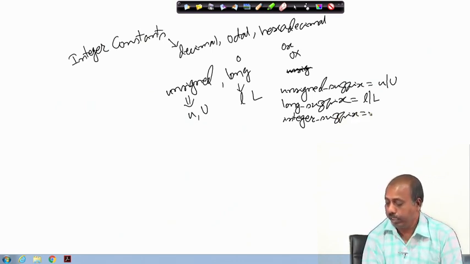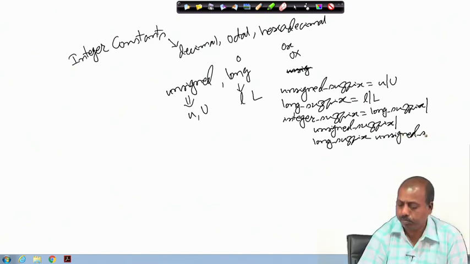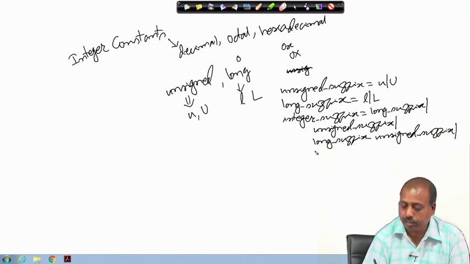It may be that it is a long suffix, that is the number is ending with the symbol small l or capital L, long suffix, or unsigned suffix, or it may be long suffix followed by unsigned suffix, or it may be the other way, that is unsigned suffix followed by long suffix.